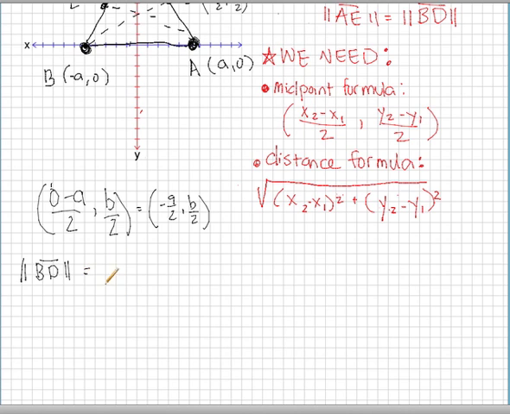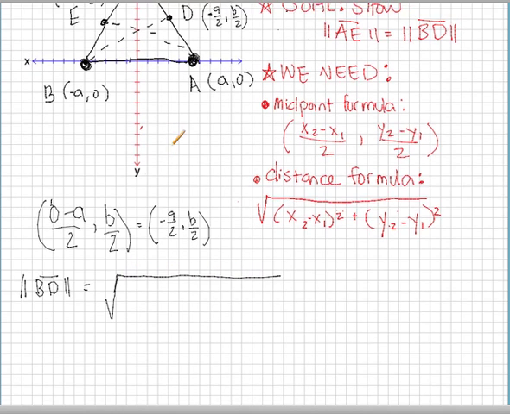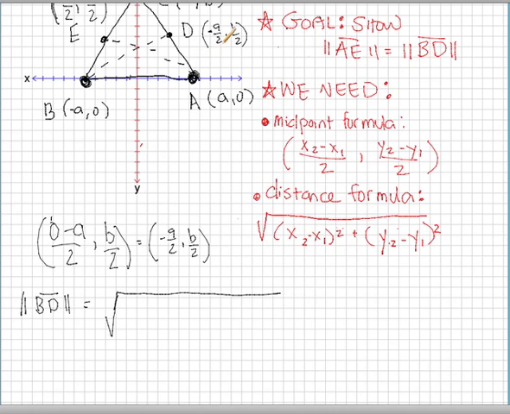That will be equal to the square root of the second x-coordinate minus the first x-coordinate, so negative a over 2 minus negative a. That would leave us with negative a over 2 plus a, and that'll be squared, plus the second y-coordinate minus the first y-coordinate, b over 2 minus 0, squared.